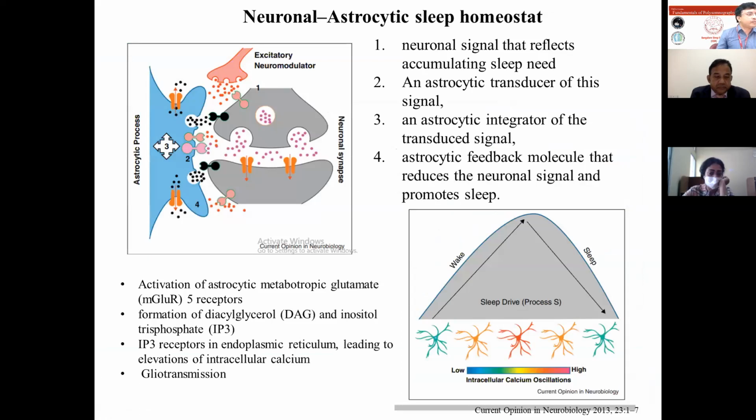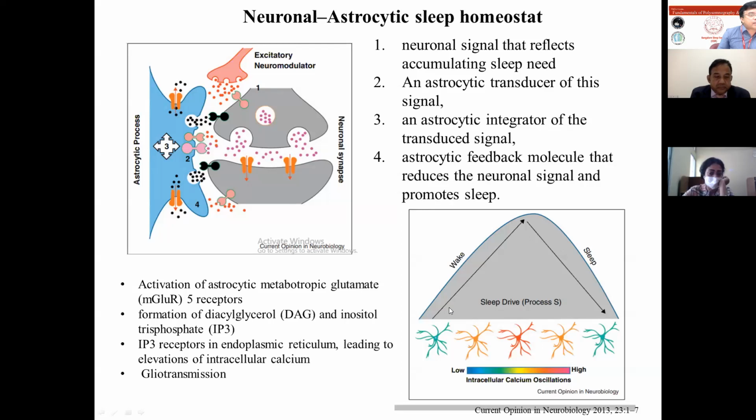The other is the interaction between the astrocyte and the neuronal glia, right? It depends on the amount of calcium that gets accumulated because of the activity. Now, the intracellular calcium increases in direct proportion to the intensity of the activity at the cellular level.